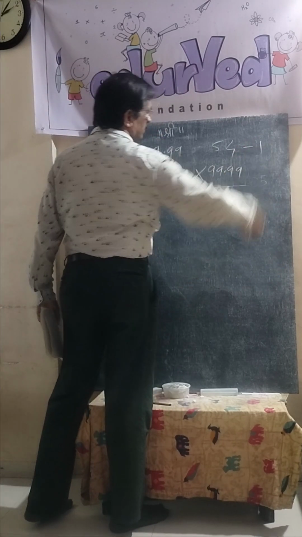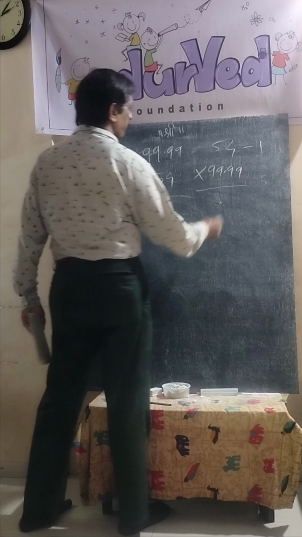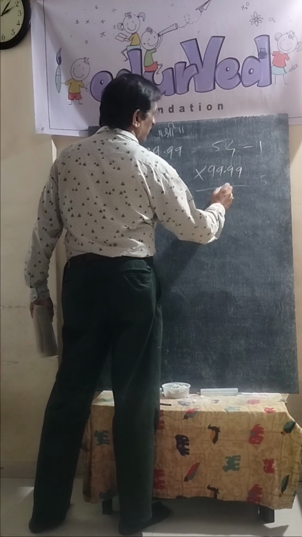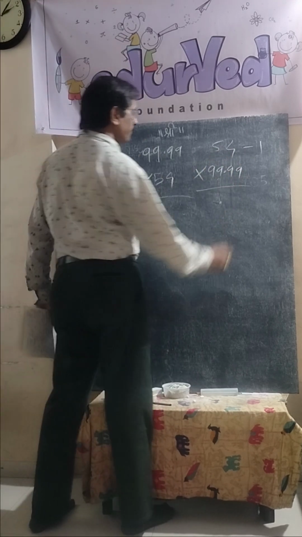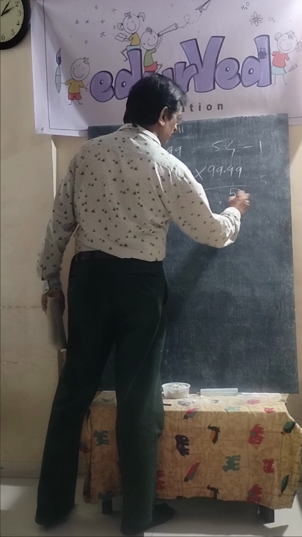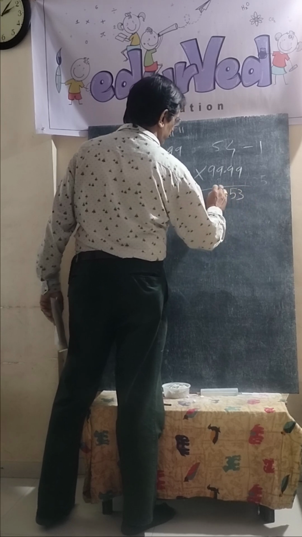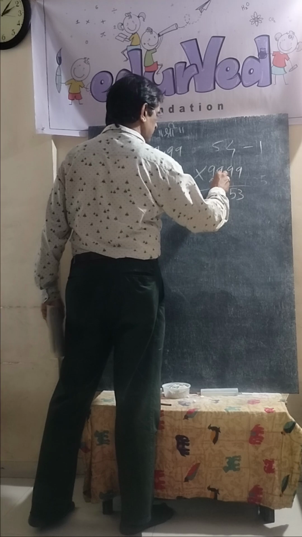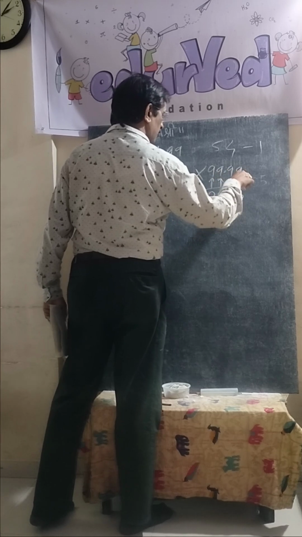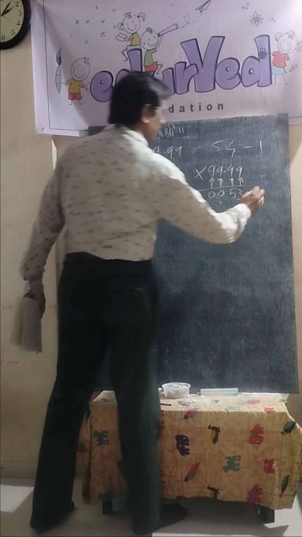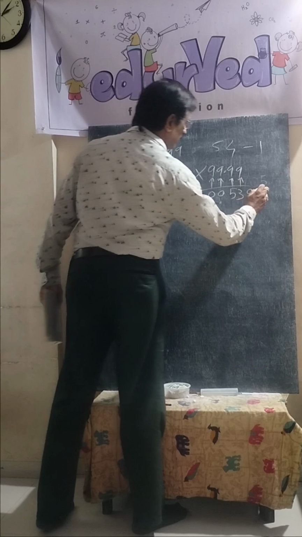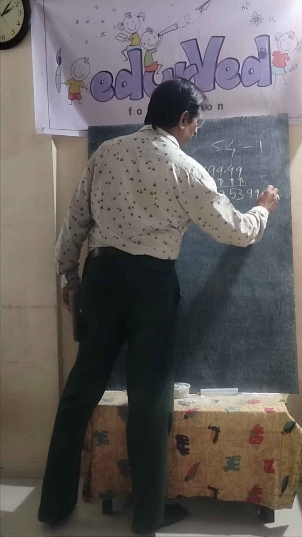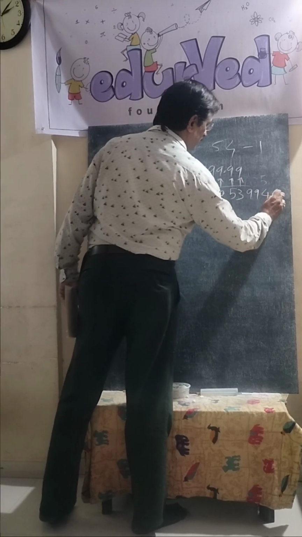So first step is write minus 1. So 54 minus 1 will be 53. Next step is you subtract this one from this. 9 minus 0 will be 9. 9 minus 0 is 9. 9 minus 5 is 4. 9 minus 3 is 6.